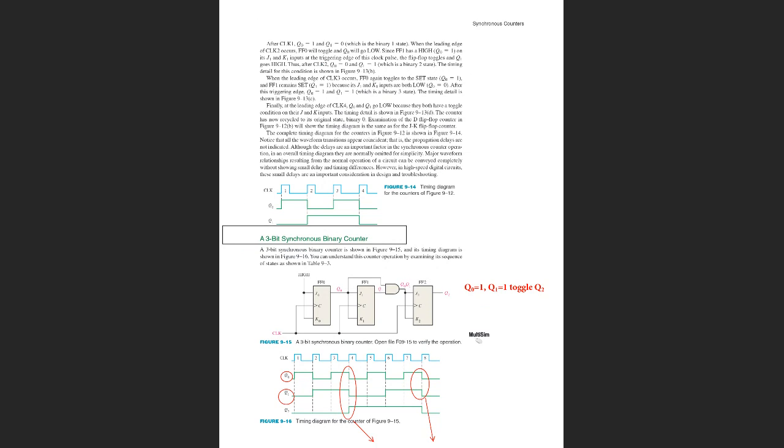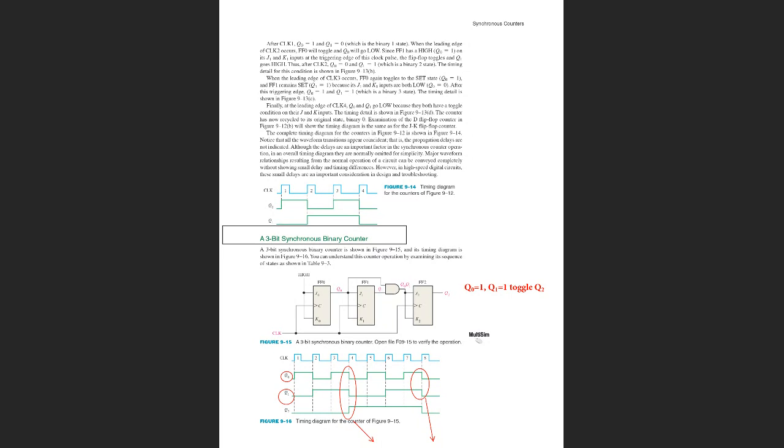And what's happening, we have toggling, of course. FF0 is being toggled at every positive slope, so every clock is changing the state of FF0. FF1 is changing its state every second clock, whenever Q0 has the correct slope.